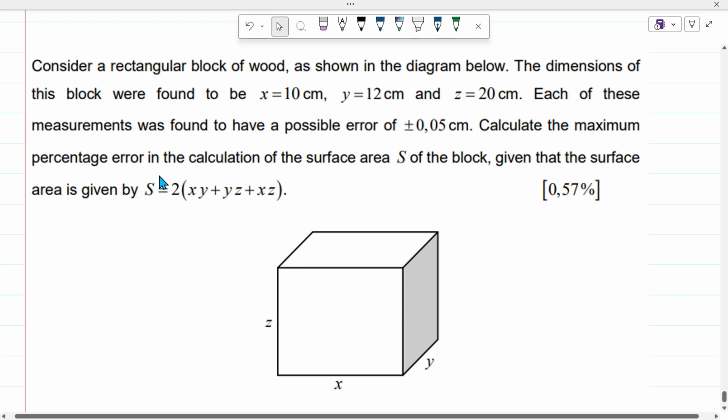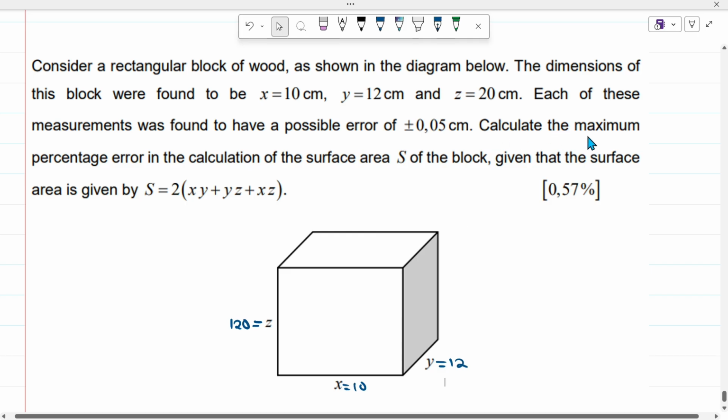Calculate the maximum percentage error in the calculation of the surface area S of the block, given that the surface area is given by S equals 2 into xy plus yz plus xz. So we're also given the diagram there. So yeah, let's go. So z equals 20, x equals 10, and y equals 12.